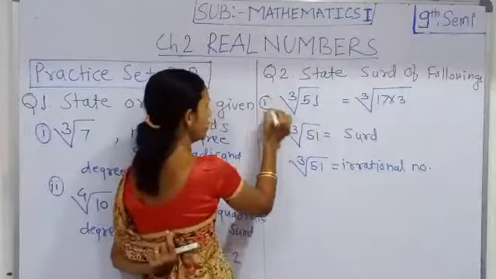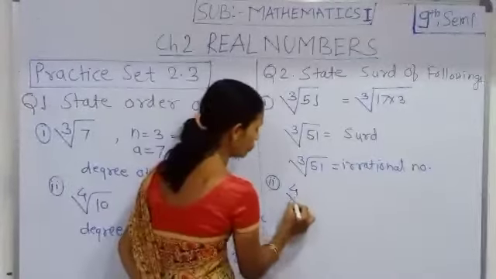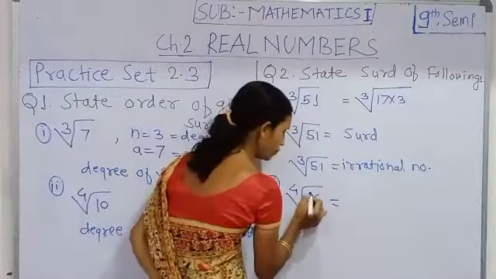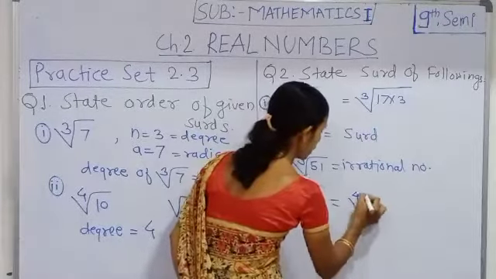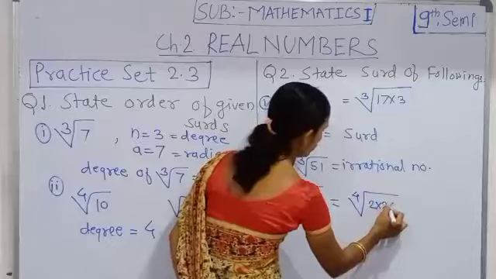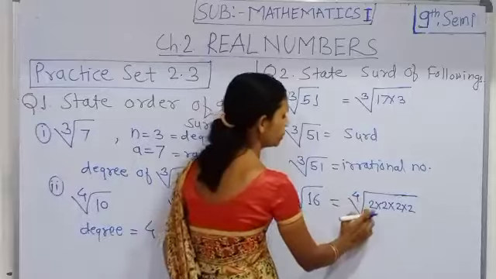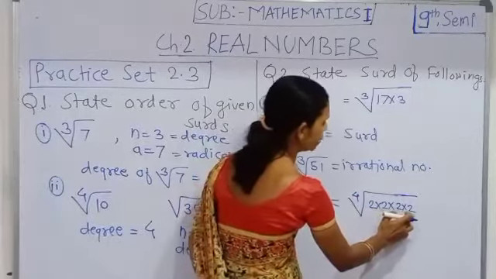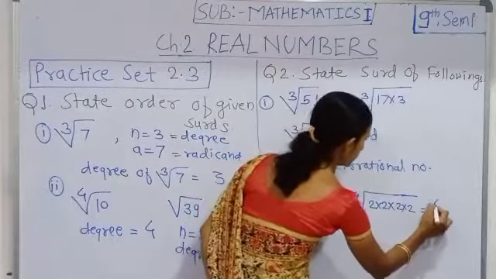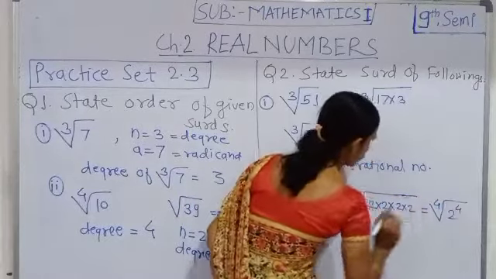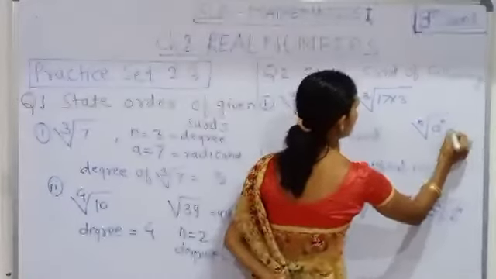One more example given here is the fourth root of 16. First of all we have to factorize 16, that is 2 into 2 into 2 into 2, the factors of 16. 2 into 2 is 4, 4 into 2 is 8, 8 into 2 is 16. It can be written as the fourth root of 2 raised to 4. And the nth root of a raised to n is a.